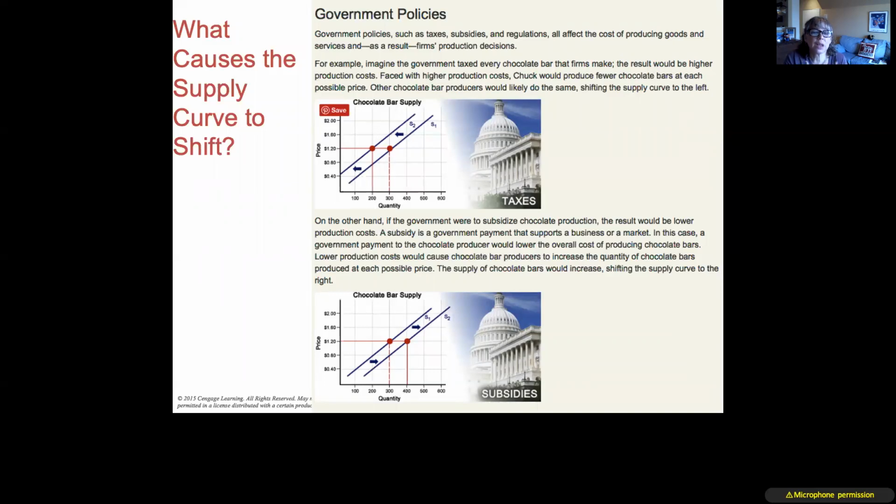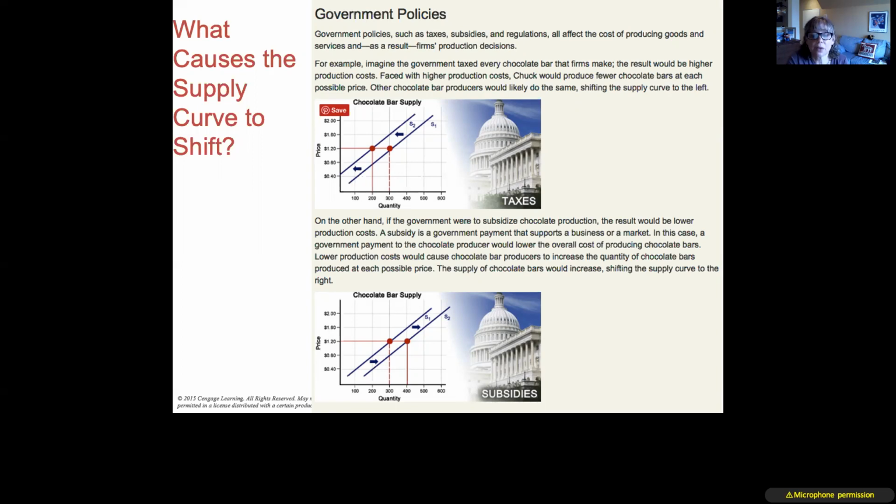So imagine if the government taxed every chocolate bar ever made. That would make chocolate bars more expensive because at every price point, now they would have to add that tax onto the price of the chocolate bar. This means that Chuck would produce fewer chocolate bars at each price point. And likely everybody else would, and it would shift the supply curve in.